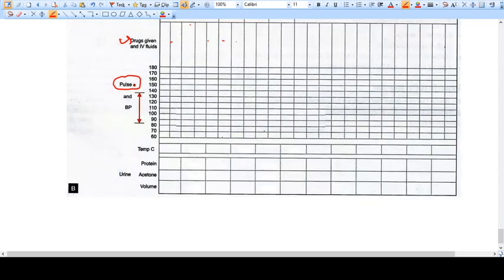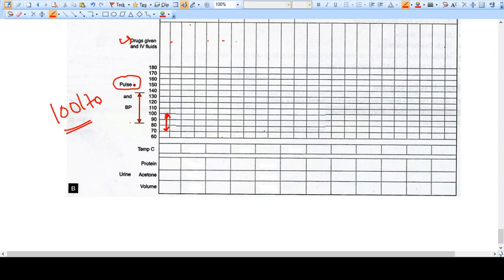It should be in between the cells. Then if we put BP, suppose 100/70 BP is there, 100 is systolic, 70 is diastolic, then we just make a range for BP.